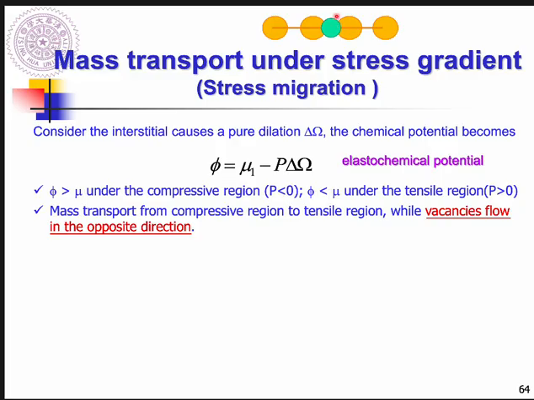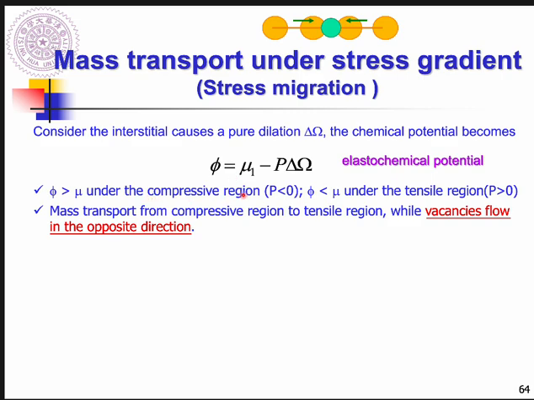When you insert this one, the atoms have higher chemical potential, and how high it is should be given by the extra term. If the atom stays in a compressive region, which delivers work into the system, the potential should be larger than mu1.